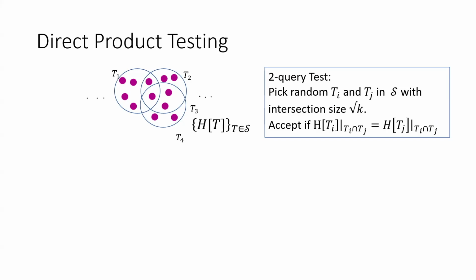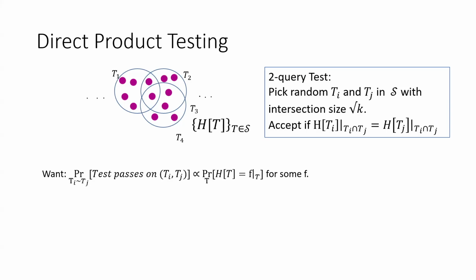Clearly, this test is passed with probability 1 by every direct product function. So the question is, when this test passes, can we say something about the structure of h?